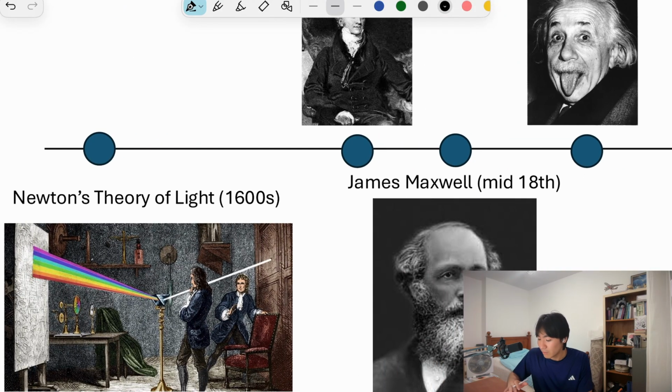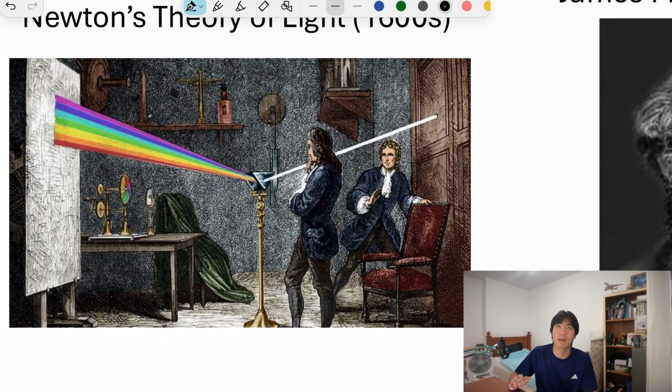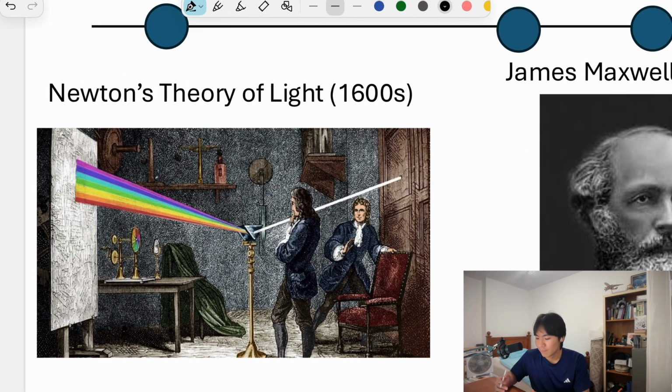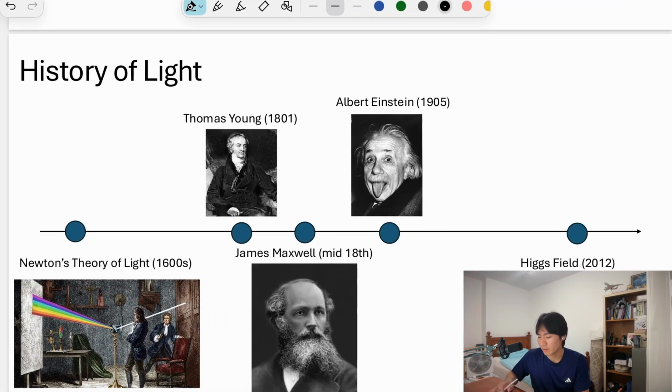He stated that visible light, the sunlight you see up here, is made of particles, because when he shined light through a prism, he observed a rainbow. Thus he concluded that light consists of different colored particles. That's not exactly what he said, but it gives a good understanding. That's why they spread out like the diagram here.